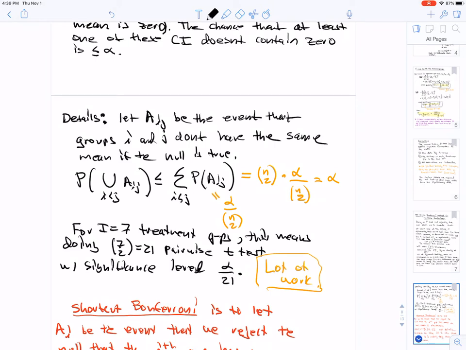The probability of each A_ij is alpha over n choose 2, and there are n choose 2 terms in this sum, so the n choose 2's cancel and you just get alpha. So if n is 7, this means doing 7 choose 2, or 21, pairwise t-tests with significance level alpha over 21. That's a lot of work.